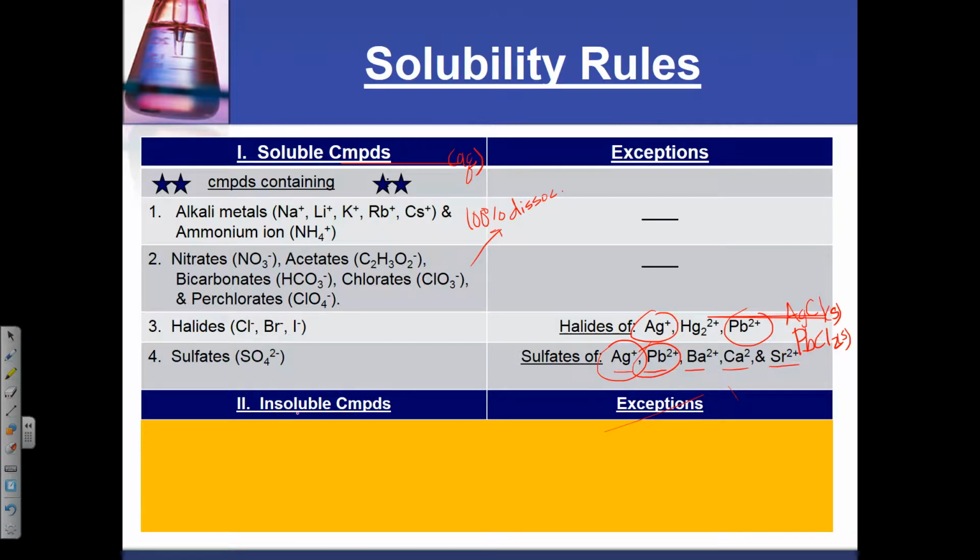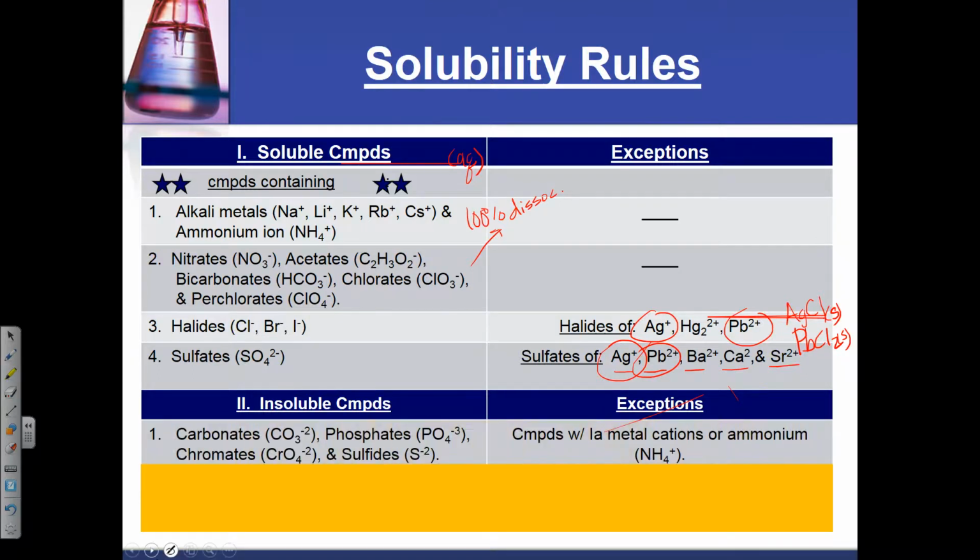Let's look at the rules for insoluble. There's 2 of those we're going to look at. So rule number 1 under insoluble says if you have a carbonate, a phosphate, a chromate, or a sulfide in your ionic compound, it is insoluble, meaning they will form a precipitate, they will be solids. Now, there are some exceptions to that rule.